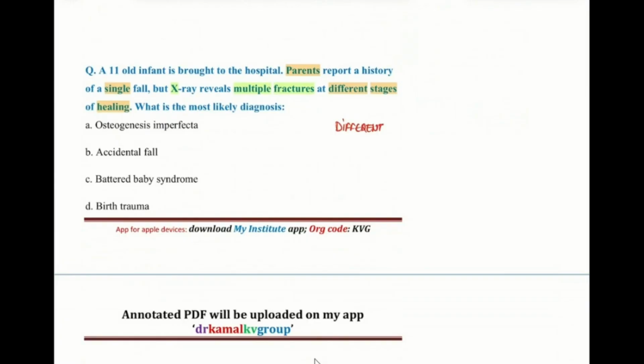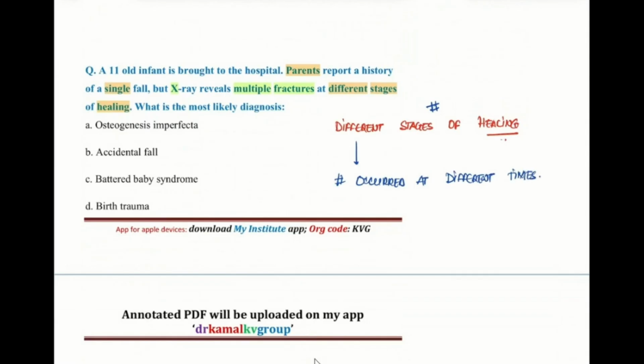Different stages of healing. So when there are fractures which are at different stages of healing, it means the fractures occurred at different times, different periods. Right?